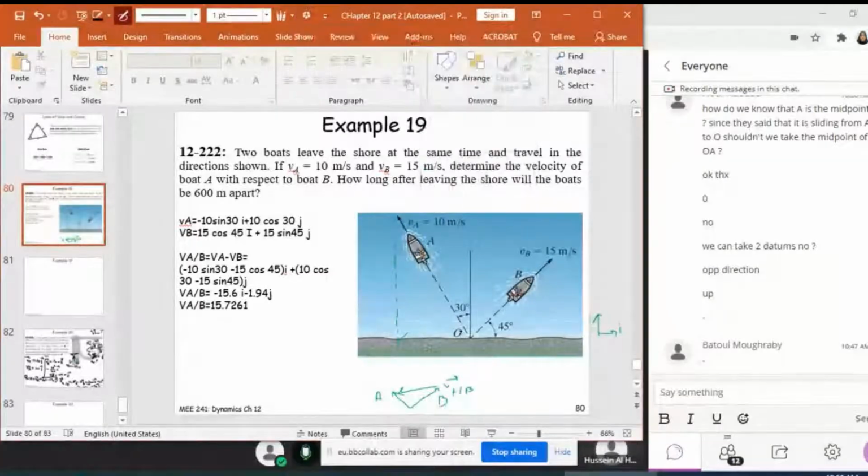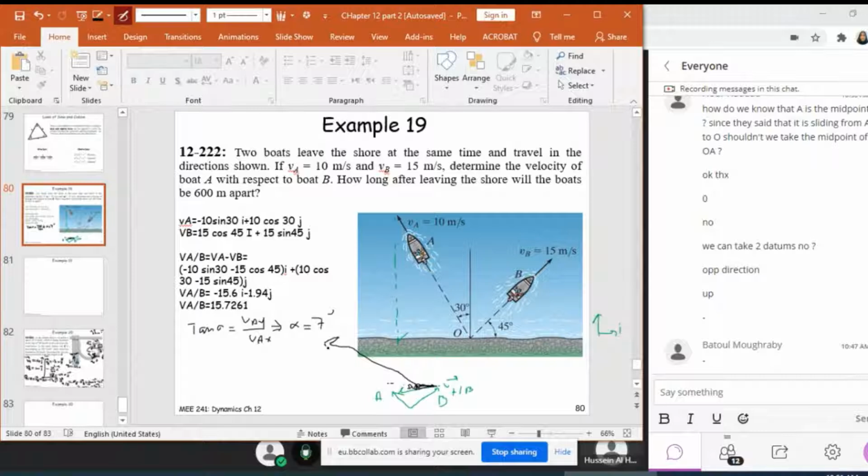So let's find this angle with respect to x. Tangent of alpha is equal to VAY over VAX, and it is 1.94 over 15.6, and then alpha will be very small. In fact, it will be around 7 degrees. So this is alpha, guys.